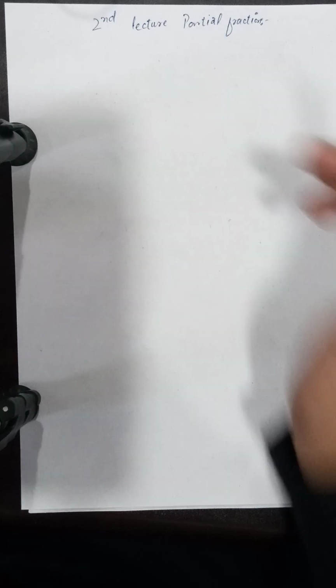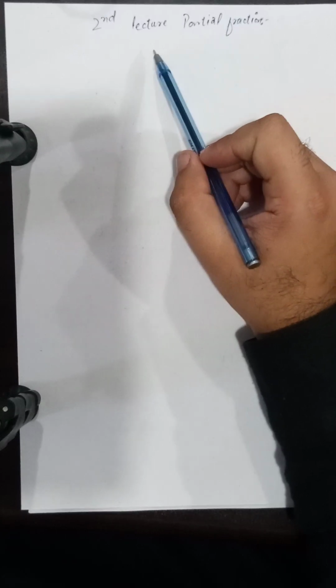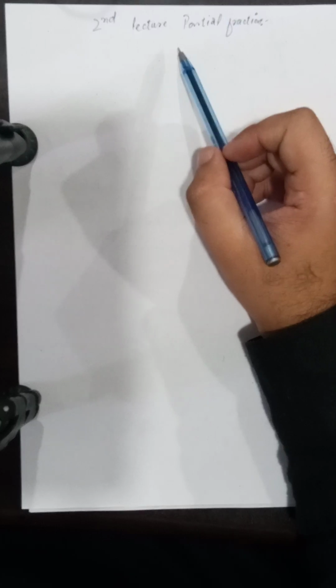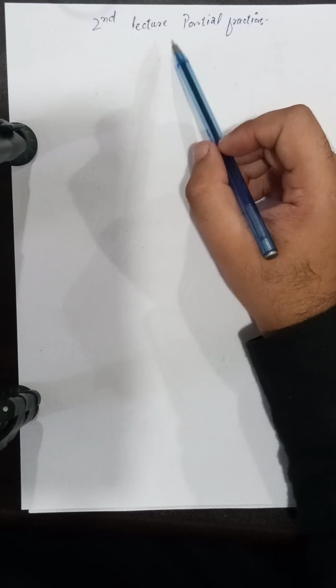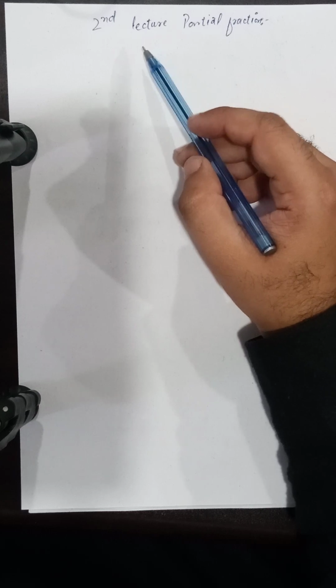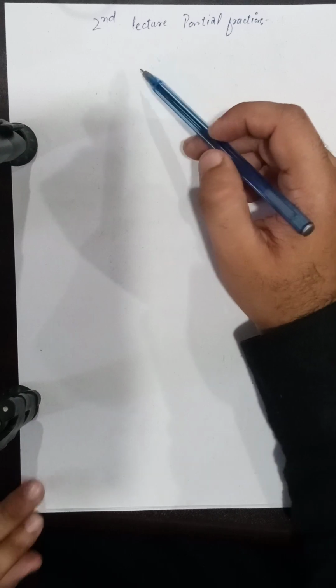If someone gives us an improper fraction, then we can't directly apply the partial fraction tool, because first we have to change that fraction from improper fraction to proper fraction by the long division method. Then after that we have to find its partial fraction.